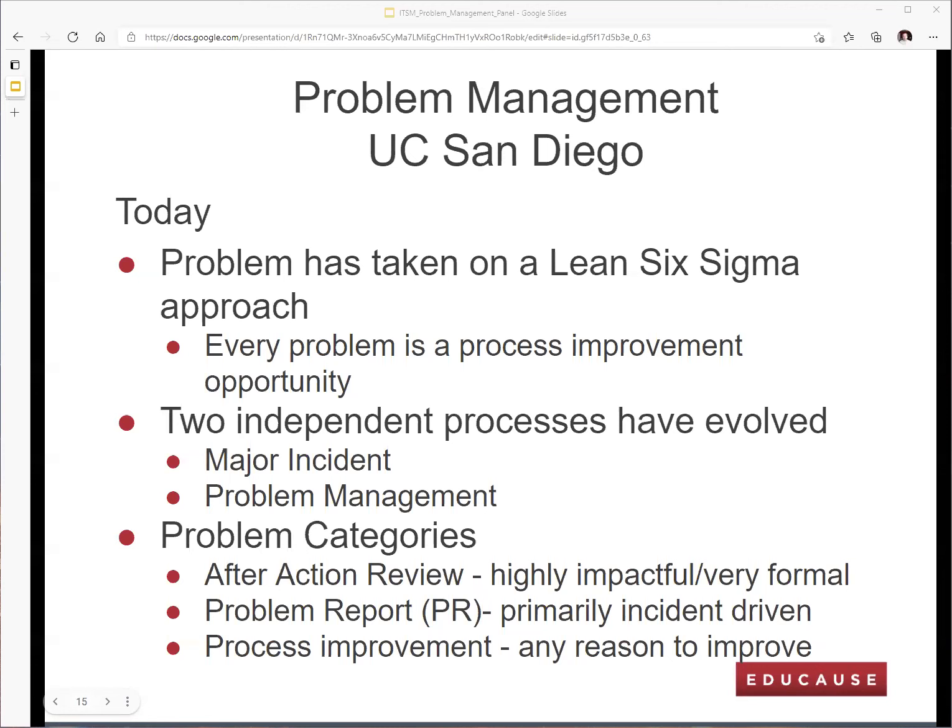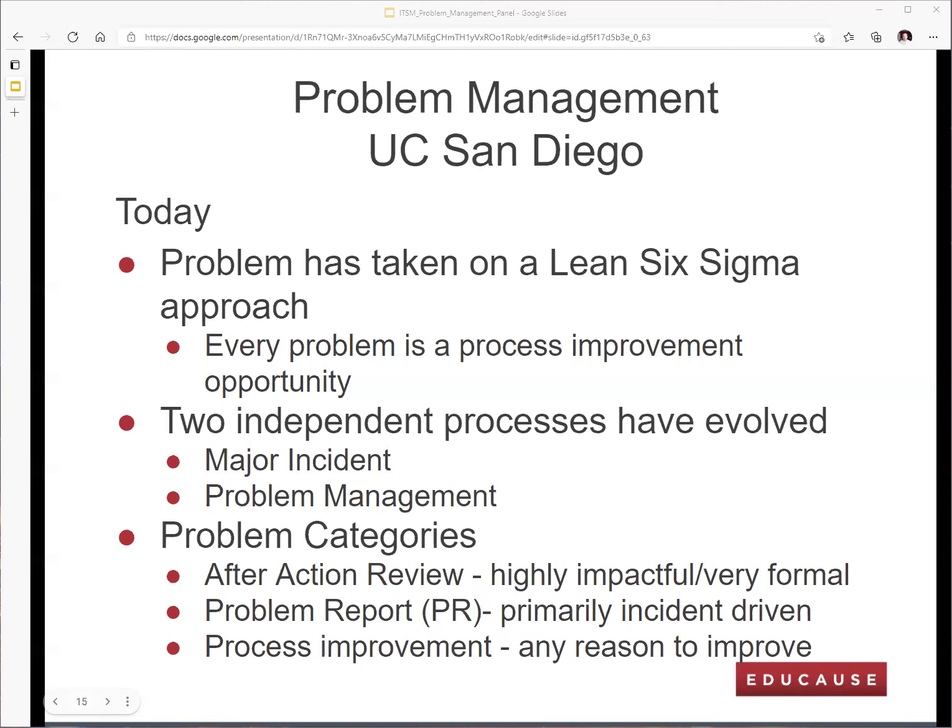So we just have a post-incident review with a small set of people. We use the major incident to document the discussion, and then we decide whether a problem report is generated. Then we use the DMAIC process in the problem report to go through the details.